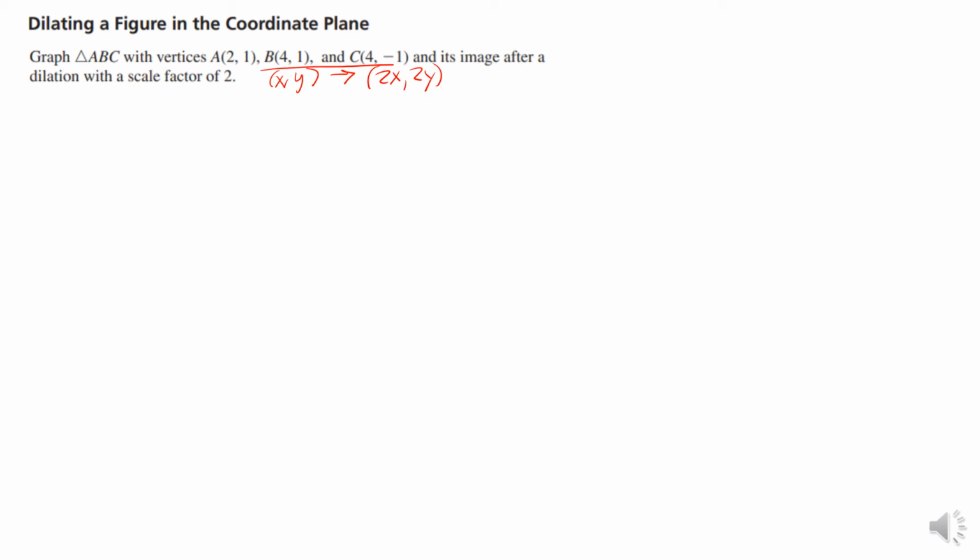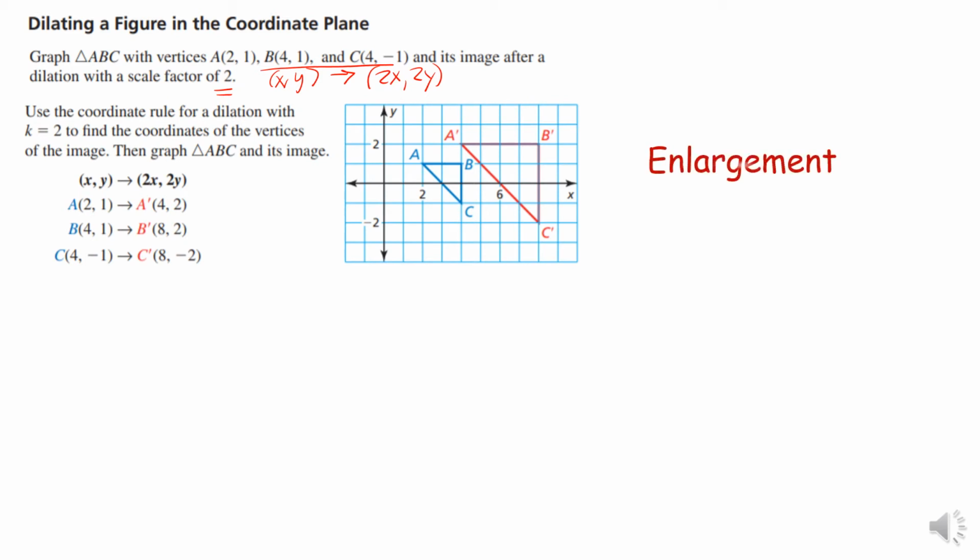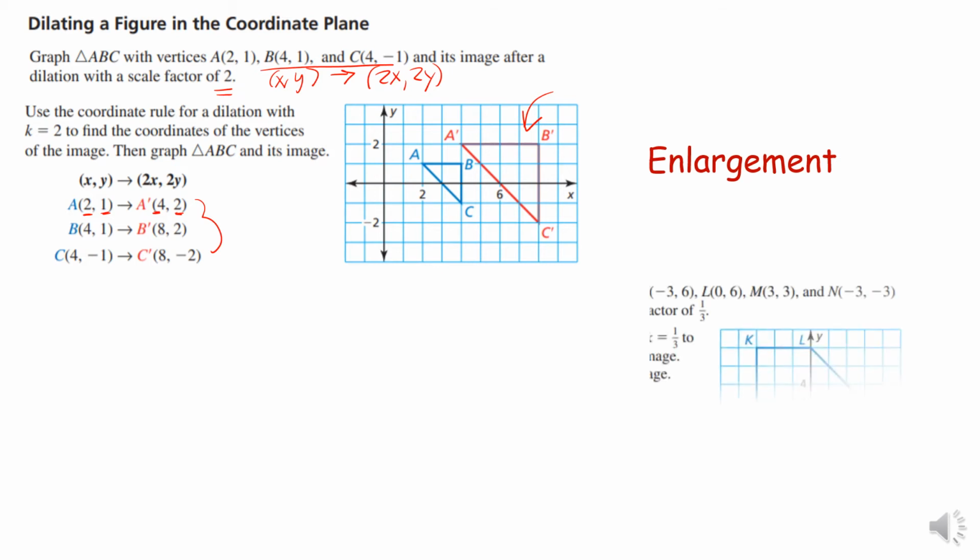I just multiply each x and each y by a scale factor of 2. So here's what it would look like. This is an enlargement because 2 is greater than 1. And we just take 2, multiply it by 2, take 1, multiply it by 1. So rather than trying to draw this, you would just multiply each of the coordinates, get the new coordinates, and then graph it.